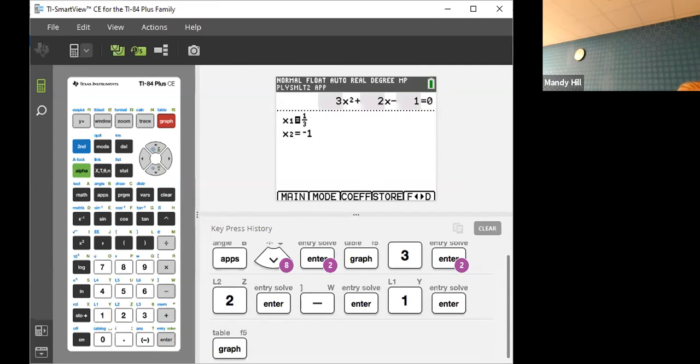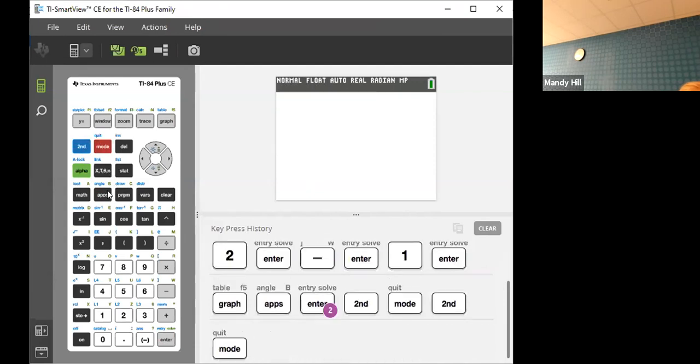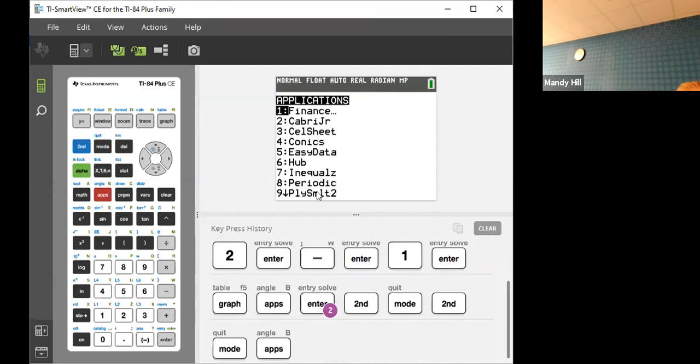If we go back and look at our problem, again, that was under apps, and it's the poly root finder that you're looking for. So when you go to apps, sorry, let me get out of this. I can quit. When you go to apps, you want to go to 9, the poly simulator number 2, and then you do the first one on that choice.